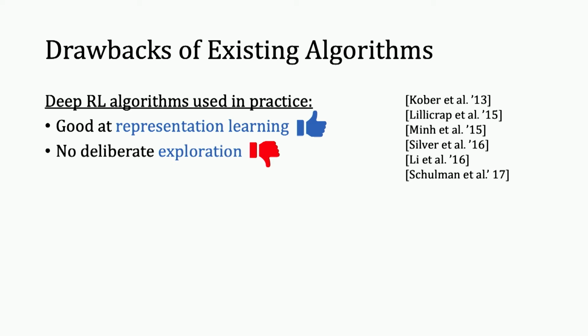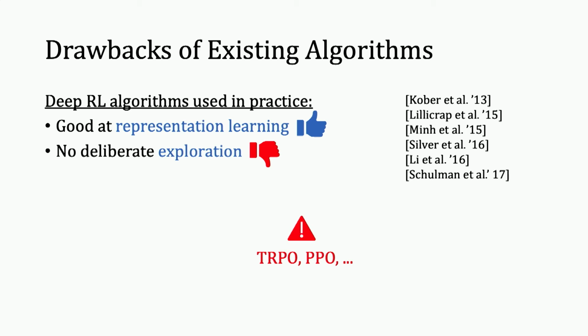But the exploration part is typically ad hoc. Typically one engineers some kind of bonuses to drive exploration, but we're in the dark when it comes to the right way to explore. This is true for these well-known methods, TRPO, PPO.